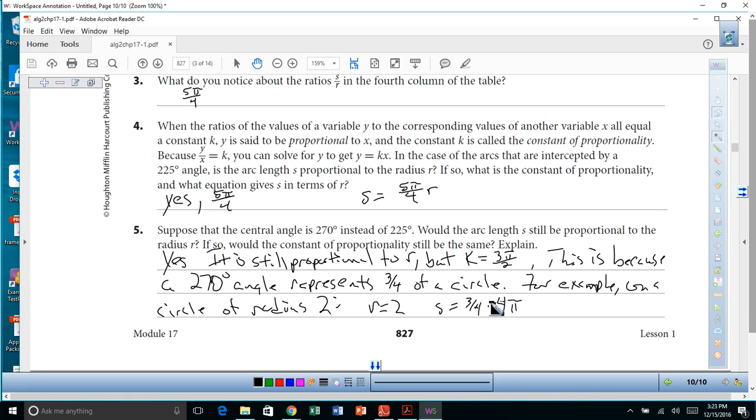Okay, and the fours cancel out and you get 3 pi. And S over R equals 3 pi over 2. Okay, here we go.